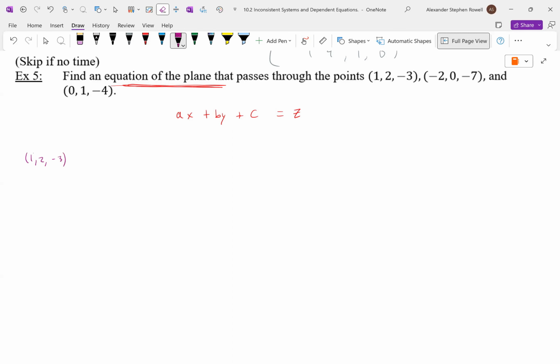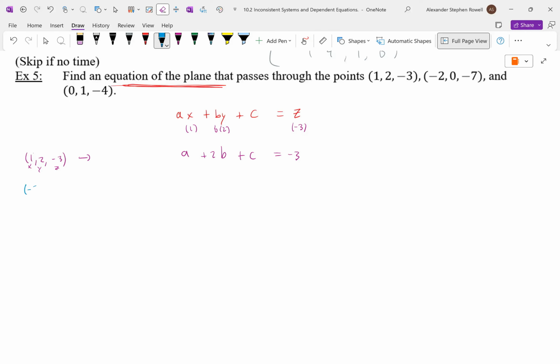(1, 2, -3), and we plug in. What if x is 1? Then I get a. What if y is 2? Then I get 2b. There's nothing to plug in next to c. And then we're saying z is equal to -3. Are there any questions about that? So I plugged 1, 2, -3 in for x, y, z.